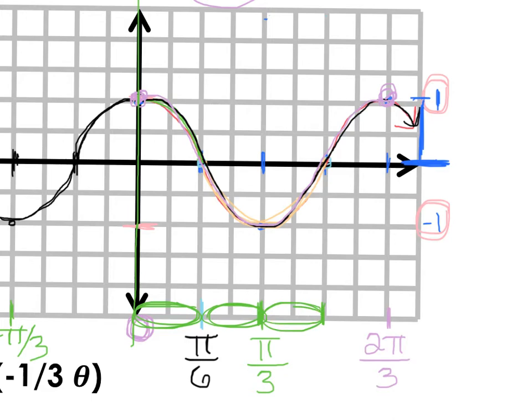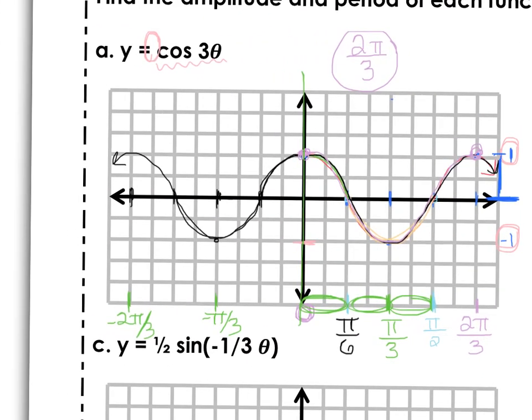If we add another unit of pi over 6, that would be 3 pi over 6, which is why this is an x value of pi over 2. And like I said before, we can take all these values and reflect them onto the other side of the axes because we have not yet gotten into horizontal transformations. This is negative pi over 2, and this is negative pi over 6.